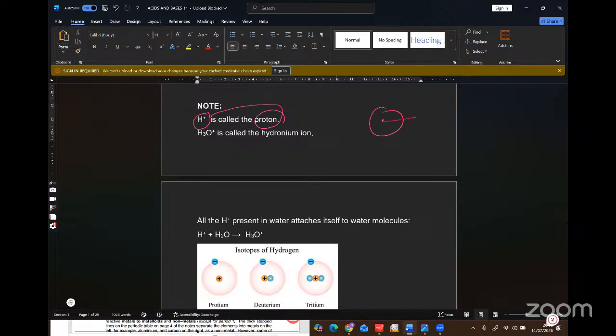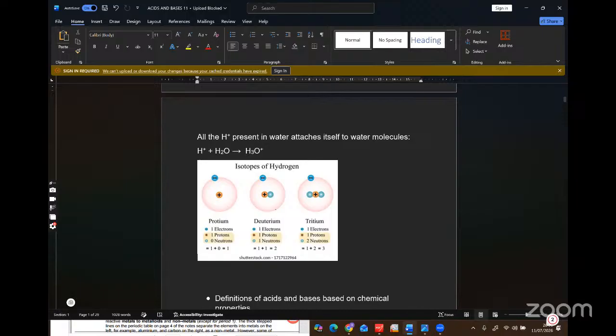The nucleus, this is called the nucleus, and the electron is one there. Now, the most abundant form of hydrogen, that is the most abundant in terms of isotopes, is what we call protium. This is the protium here. It has a proton, but no neutron.